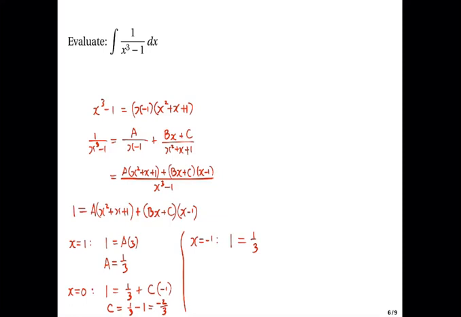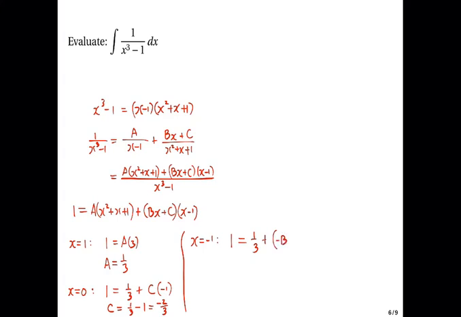So we only have that 1/3. And then plus bx, okay? But x equals negative 1. So we'll just have negative b, okay?